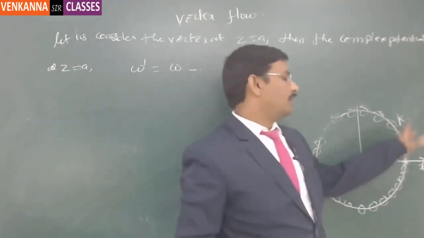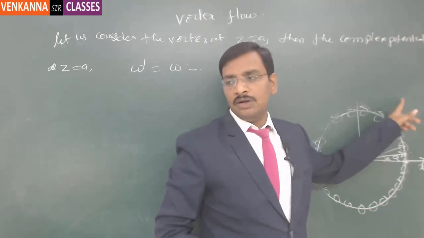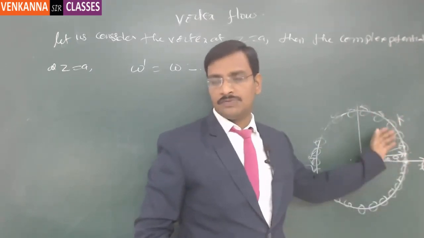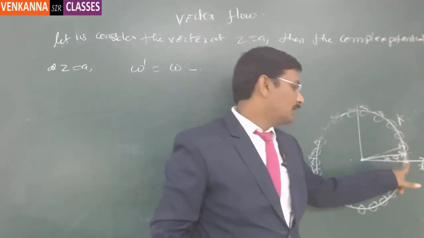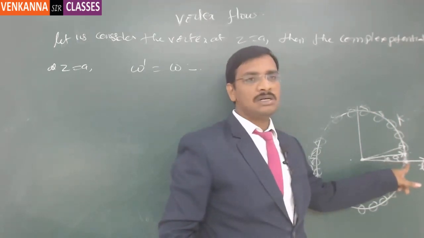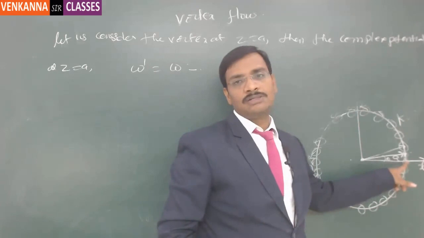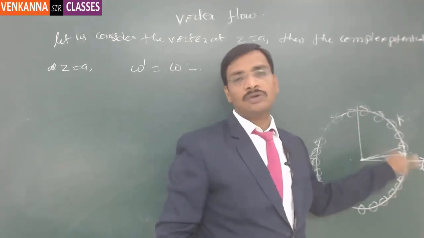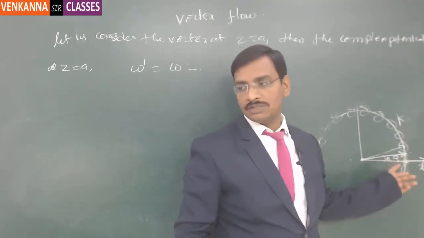Why? Because when we model at any random location z, we have considered the complex potentials of all the vertices. Now we are modeling at this particular vertex itself. That means its own complex potential should not be considered, because this fluid particle is not influenced by its own vertex. So that's what we have discussed previously.